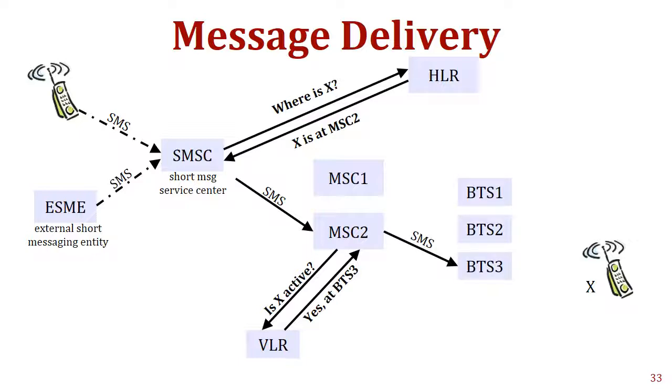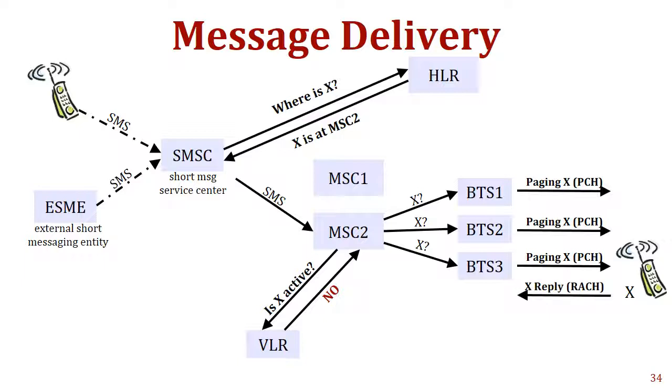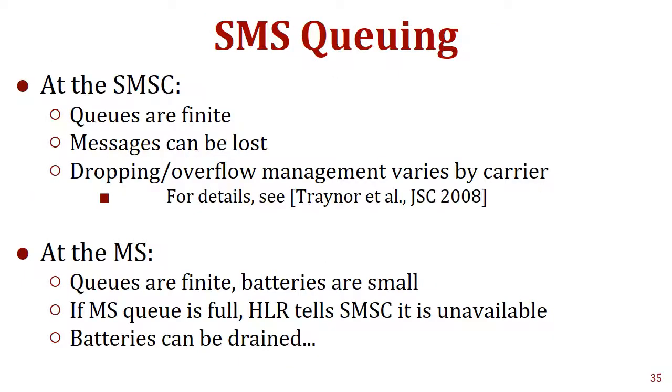And then the second short message center will talk to the base station, and the base station will send a message to the other phone, the destination. If the VLR doesn't have information, the message center will send broadcast information to different base stations, and the different base stations will try to page the device, and the device will reply, do authentication, and get the message.